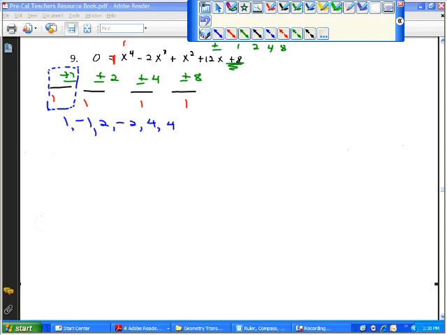Negative 4 over 1 is negative 4. Positive 8 over 1 is positive 8. Negative 8 over 1 is negative 8. And then least to greatest, negative 8, negative 4, negative 2, negative 1, positive 1, positive 2, positive 4, positive 8. So we found all possible real rational zeros.